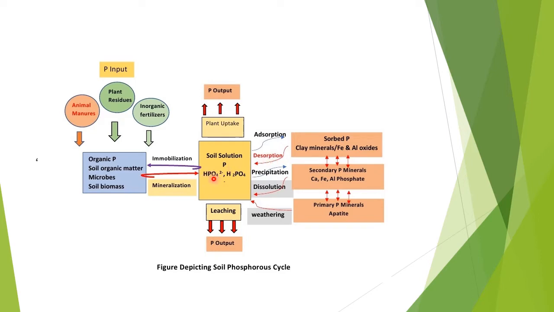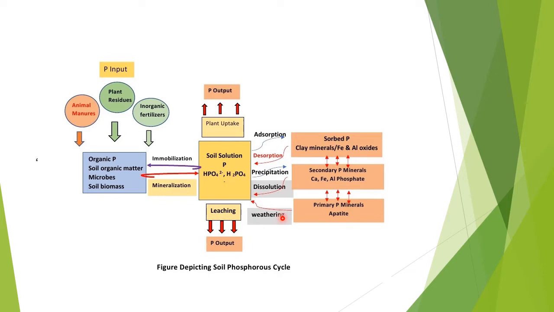In addition to this, the soil phosphate pool can undergo precipitation and can remain in the form of secondary phosphate minerals with calcium, iron, and aluminum phosphates. Of course, there can be an interchange of this also, and it can again undergo dissolution and be taken back to the soil phosphate pool.